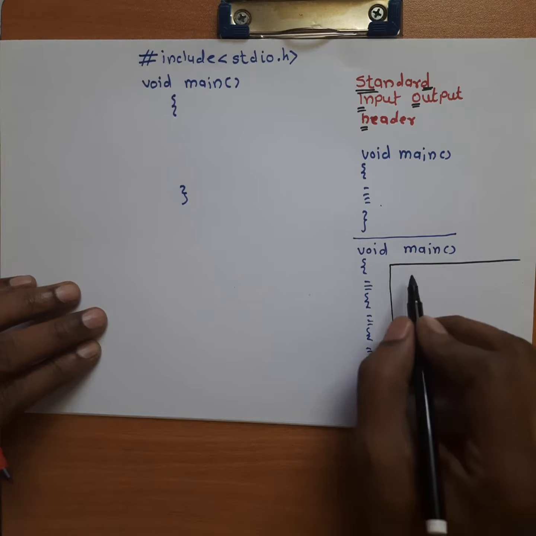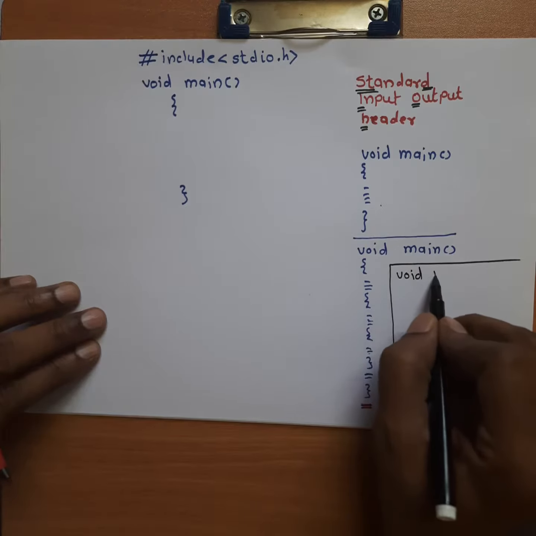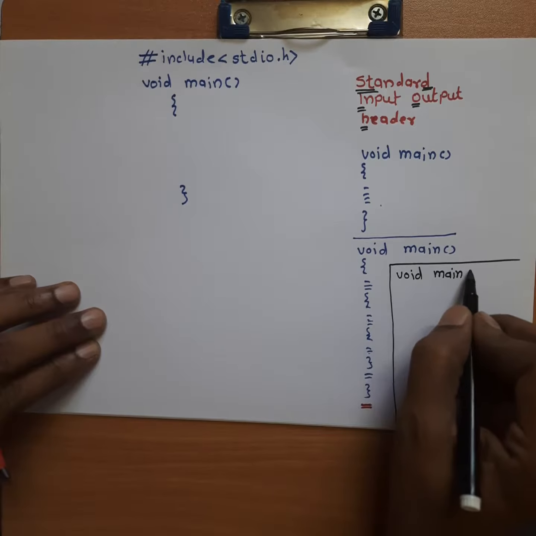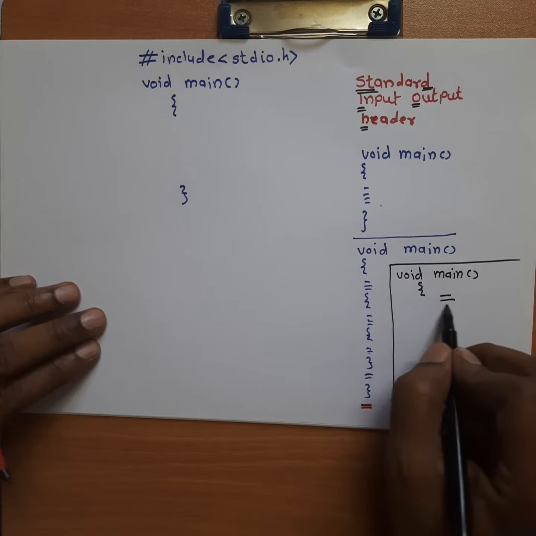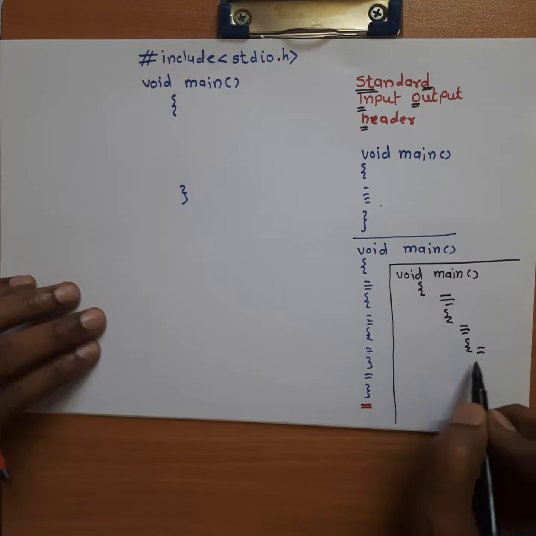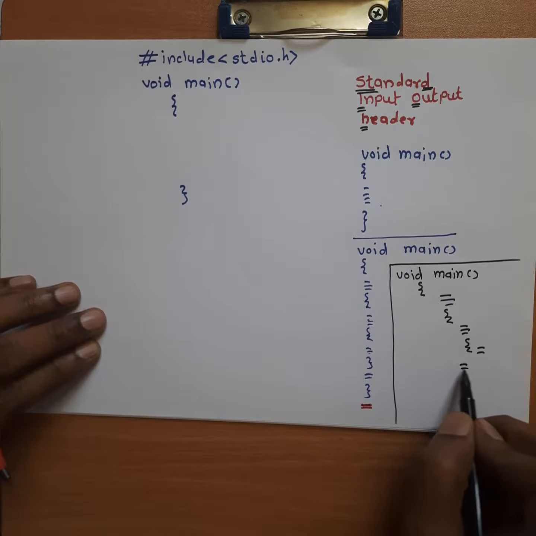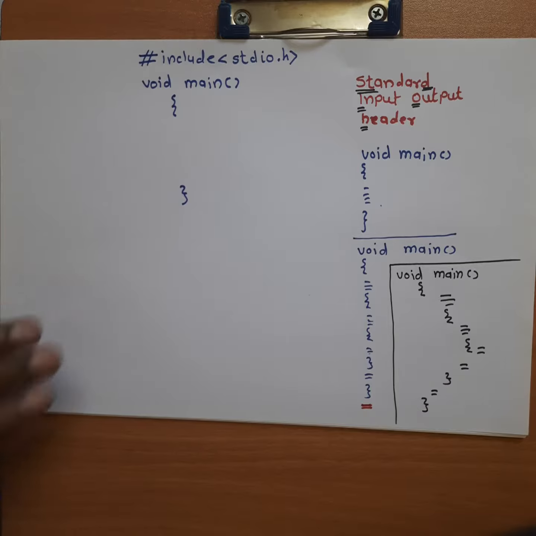So instead of writing this, I am writing it here. If we write the program like this: void main open bracket close bracket, curly bracket. Each line means I am giving the programming statements.